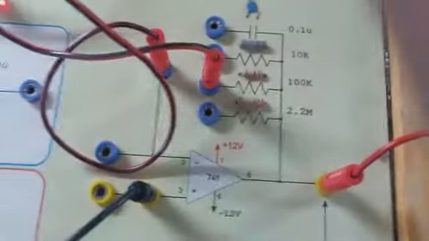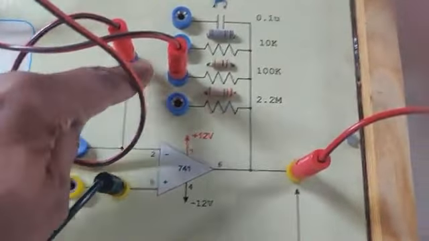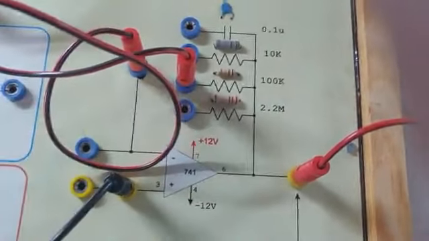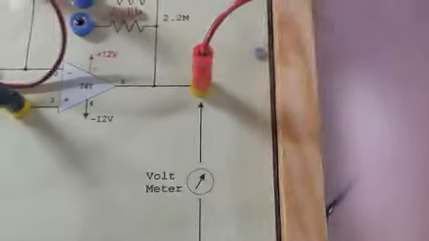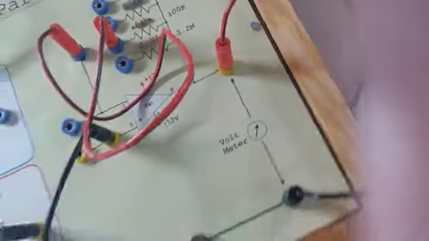That means pin number 2, which is this line, is connected to the 100K. So that is one thing required. Second thing, both the input terminals have to be connected through 100 ohms.